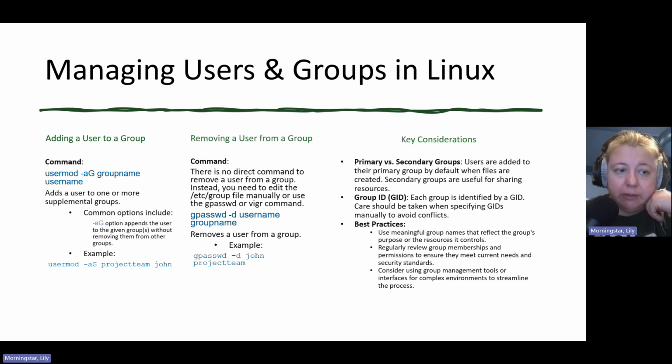We will use the command usermod with option -aG, then list the group name and then the username. This way we append the new user to the group. With gpasswd, we can remove a user from the group.